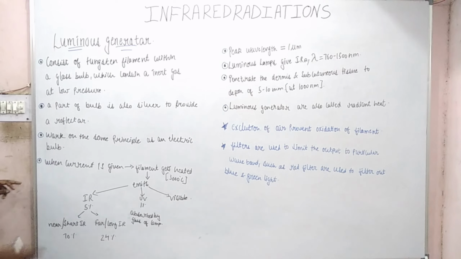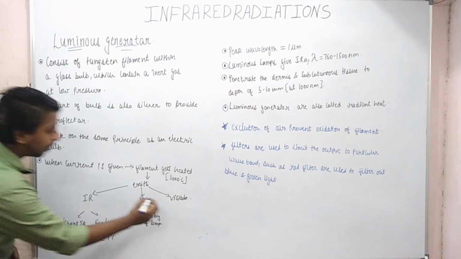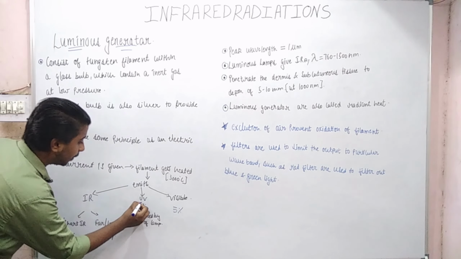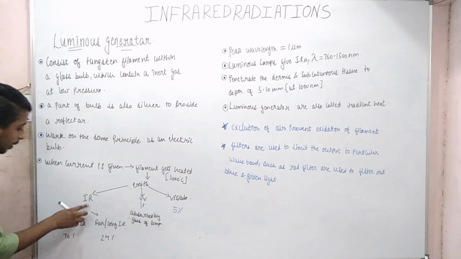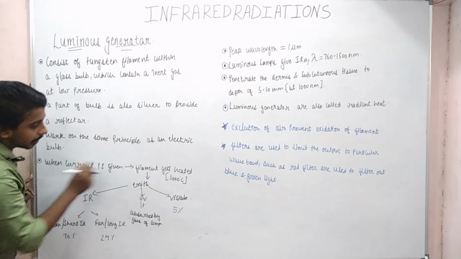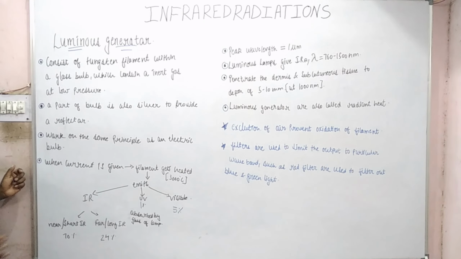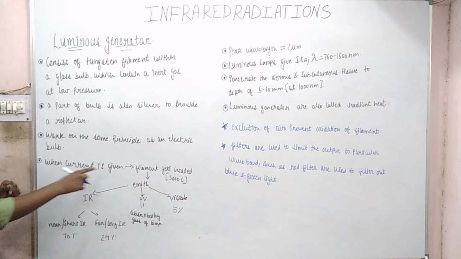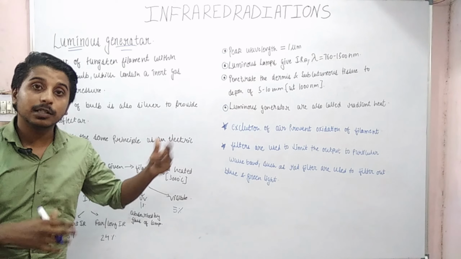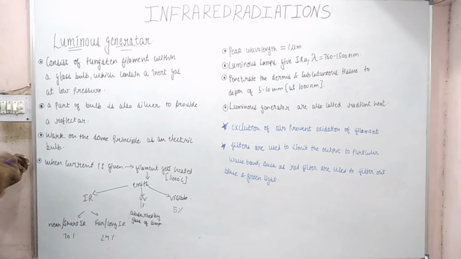The IR is about, this is 5%, this is 1. Now when the current is given, the filament gets heated, which emits IR, UV and visible, which means that this is giving three waves.